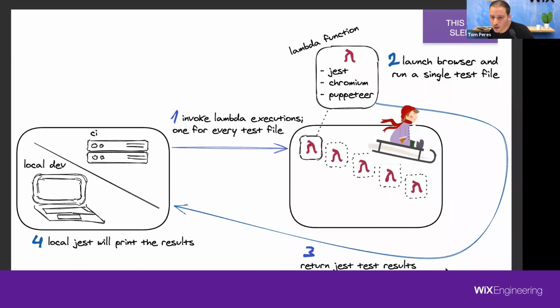Another question: how large is the file uploaded to Lambda with the Chromium binary? That's an awesome question. I will address it now, although it's a very technical part, but it's actually a very interesting part. So again, how large?